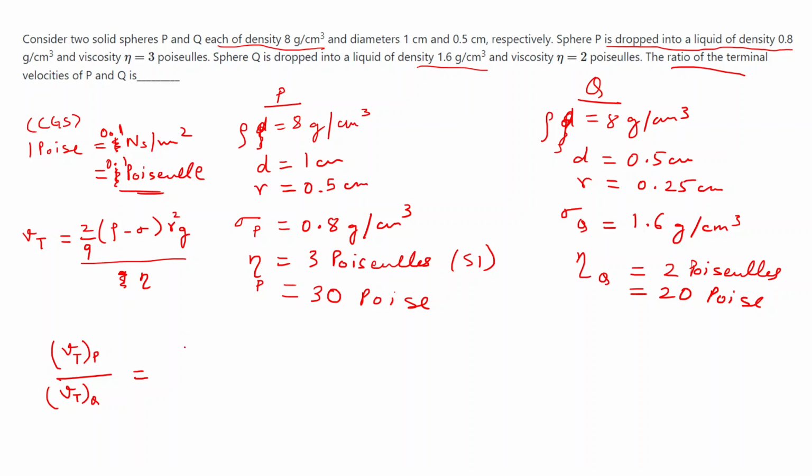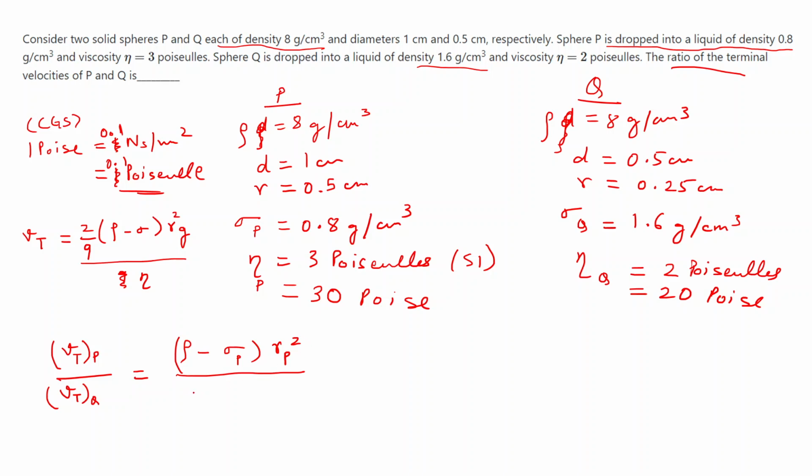The density of both the solid spheres is the same, so we'll just write rho minus density of liquid for P, the radius is different so this will also stay, and g will also get cancelled.